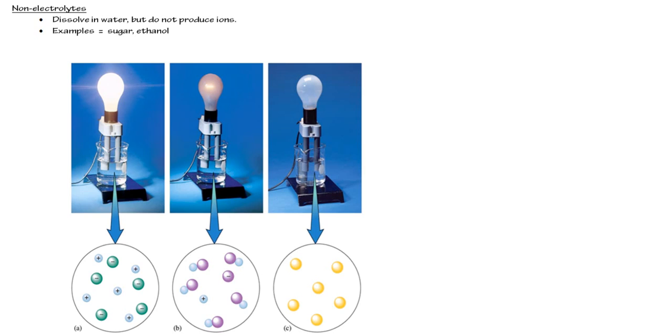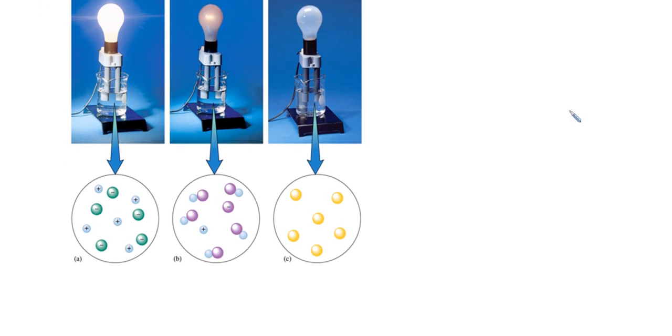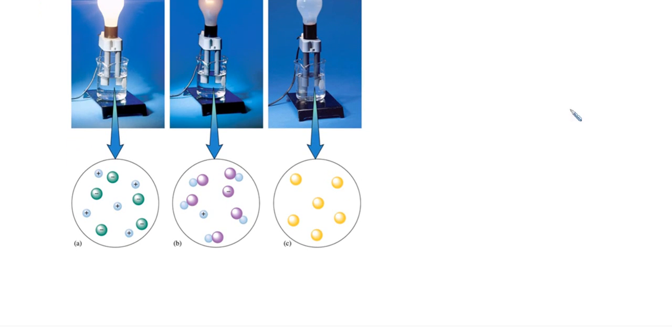So in this case, we've got this apparatus. We've got one, but it's broken. You kind of put the prongs in the solution, and there's a light bulb hooked up. If the light bulb doesn't go on, you don't have a lot of ions in your solution. So we could kind of make ourselves a little note. If I'm visualizing this on a particle level, this is a non-electrolyte.